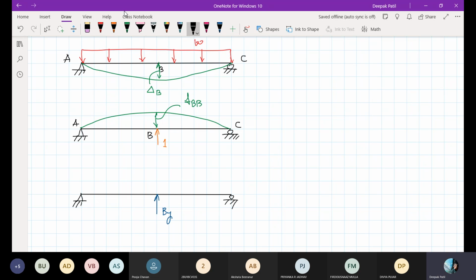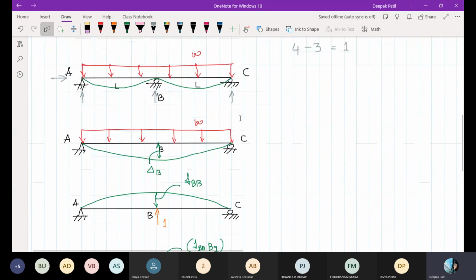So this is A, B, and C. Still it is a determinate structure. So how will the deflection be? The deflection will be something like this. Now what should this deflection be? Can anybody tell me? FBB into By. Yes, simple. FBB into By, because for 1 it is FBB, so for By it is FBB into By.